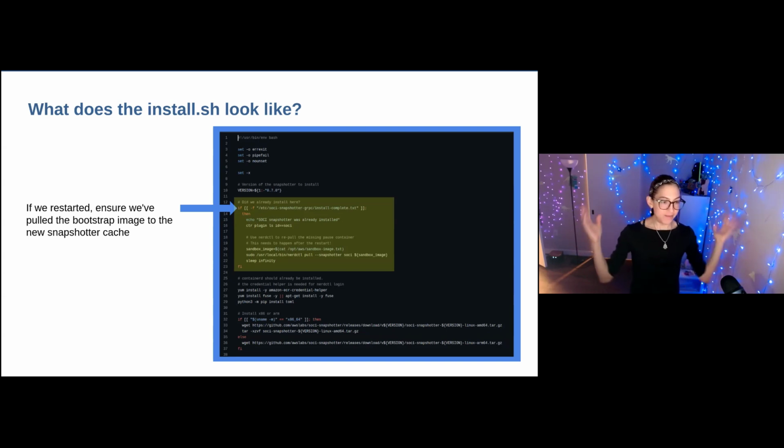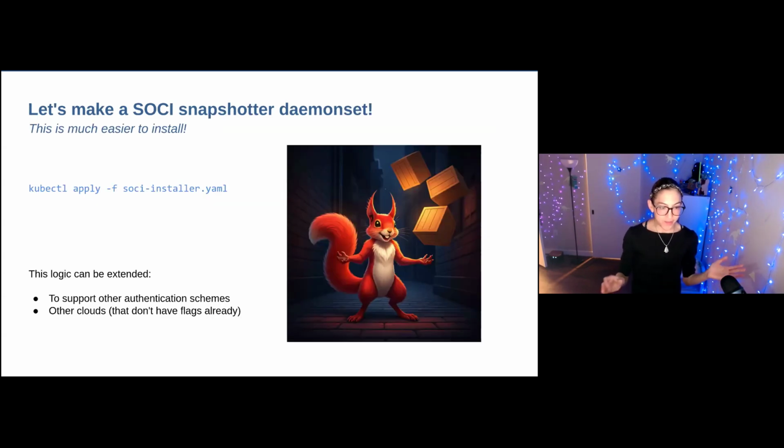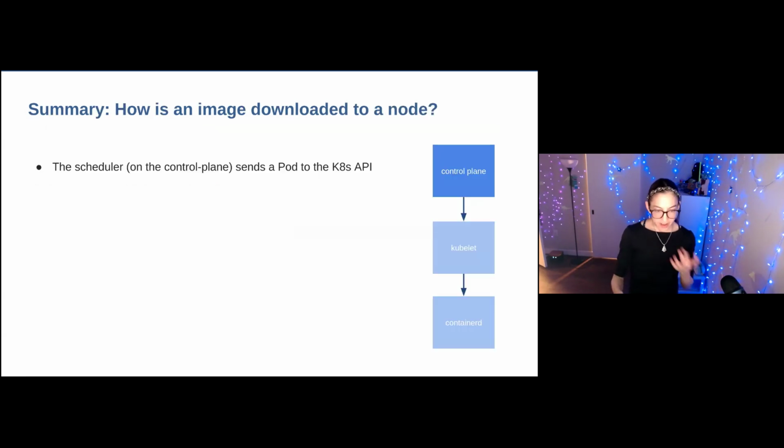And then it works. You're done. That's it. So that entire Daemonset actually works. Of course, this can be extended to support other authentication schemes or other clouds. Google Cloud doesn't need it. They have a flag, which is very nice.